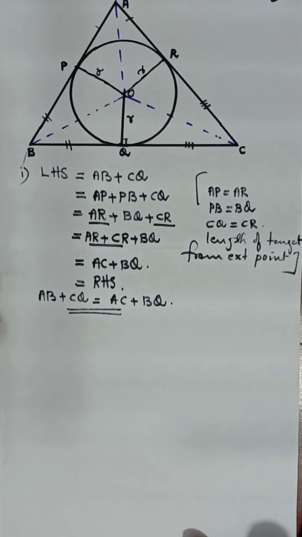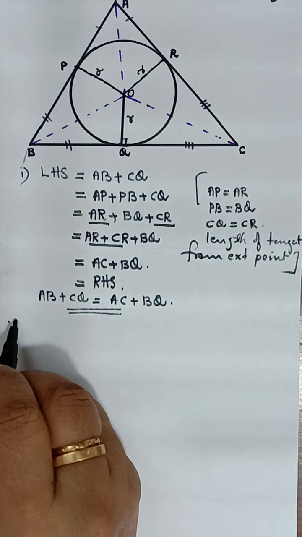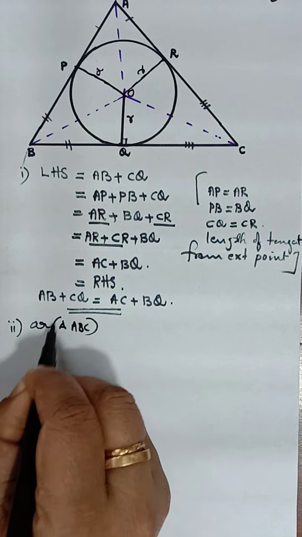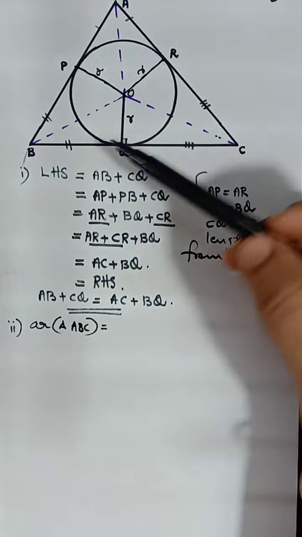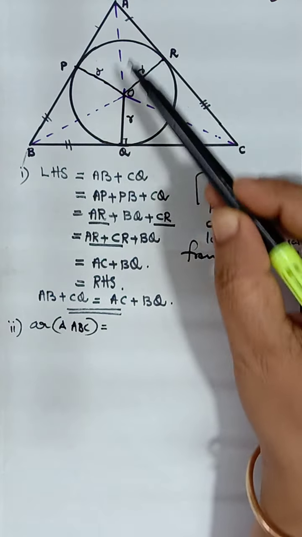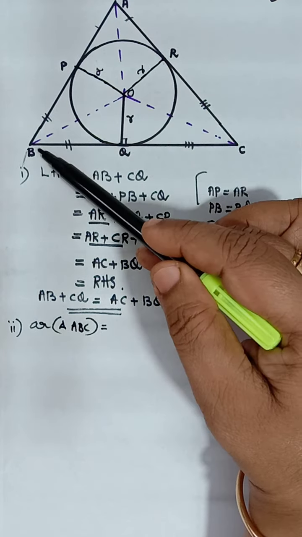We are going to prove the second part, area of triangle ABC equal to. This triangle ABC has three parts now. BOC triangle you can see, AOC triangle you can see, and also AOB.